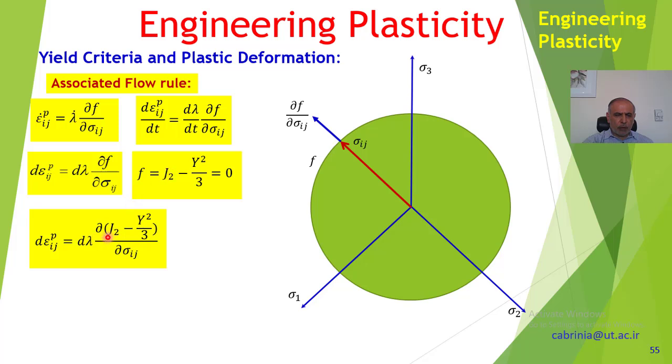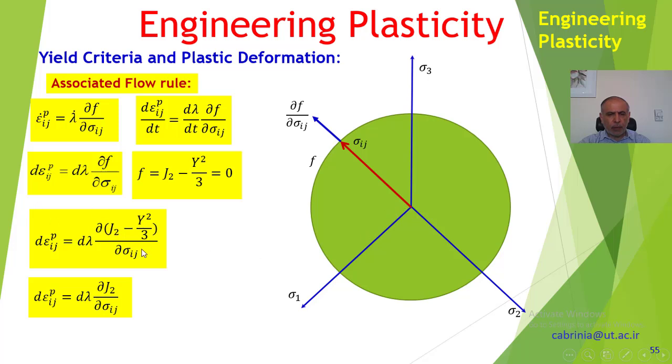So we write here partial J2 minus Y squared over 3, over partial sigma ij. The partial derivative of this is d lambda partial J2 over partial sigma ij, because this Y is constant. What is Y?